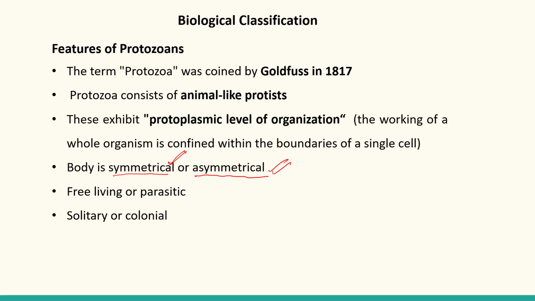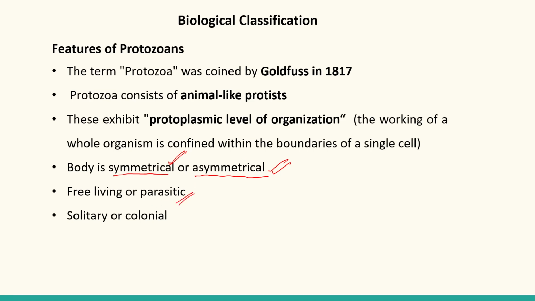They are free living or parasitic. Amoeba is a free living protozoan, but Entamoeba histolytica is an example of a parasitic form.